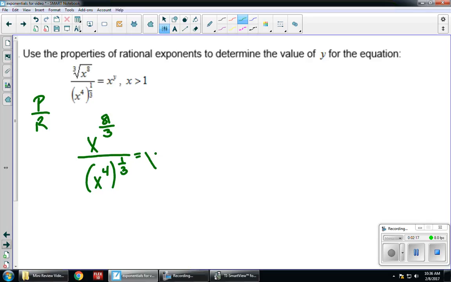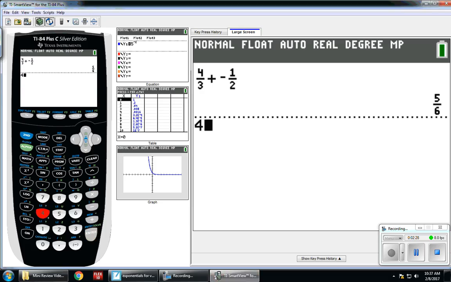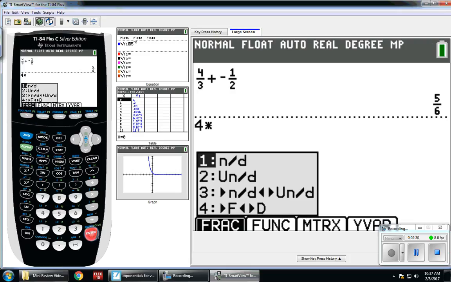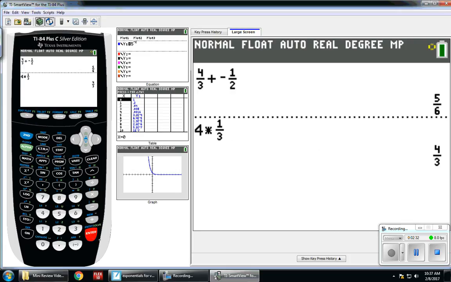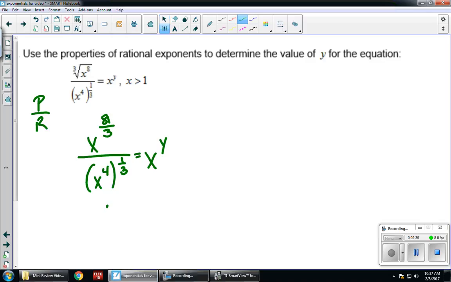divided by, and I'm going to keep it right now so I only do one step at a time. I don't want to confuse you. Now, I'm going to use power to a power for my denominator. Power to a power tells me I can multiply. So in my calculator, 4 times 1/3 gives me 4/3. So my denominator, I still have my numerator. My denominator is x to the 4/3.